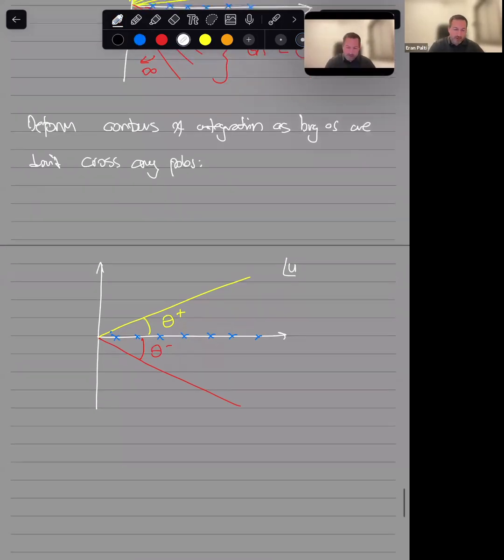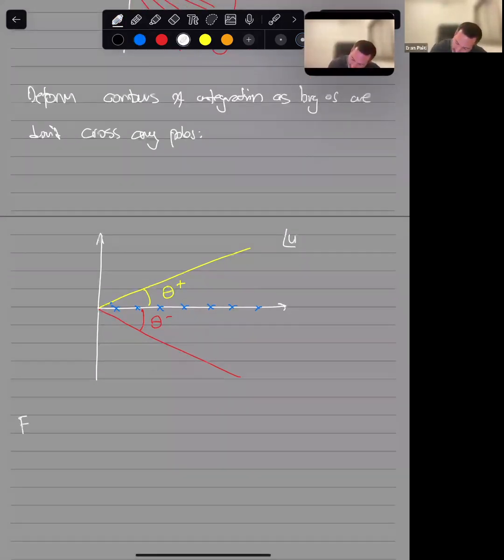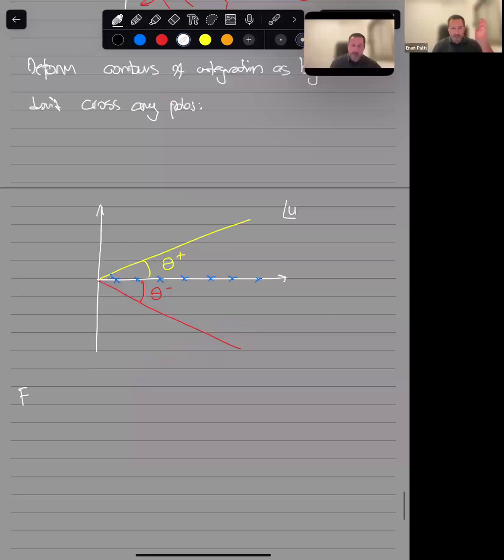All right, so then we can write the free energy as a sum of two pieces, in the following form. We have the sum over all the n's such that the angle theta n is bigger than 0. Those are going to be integrated over the same contour that we'll call e to the i theta plus. That's the yellow contour.